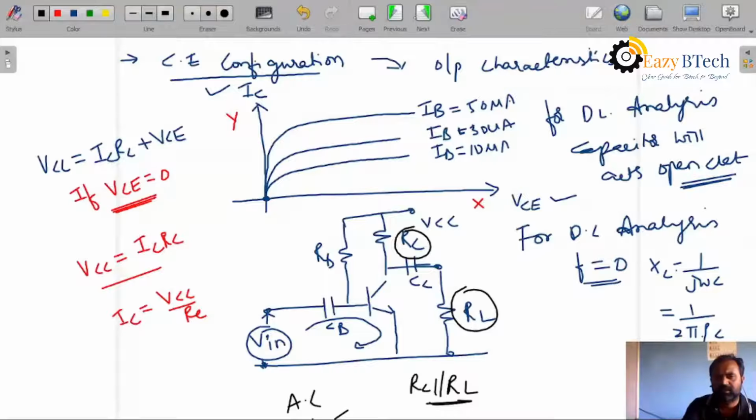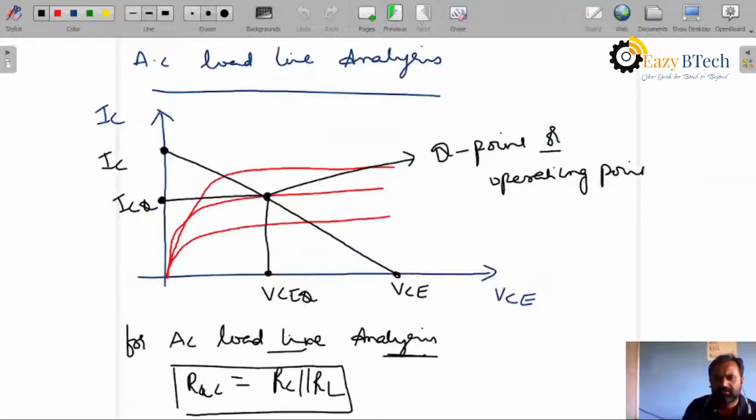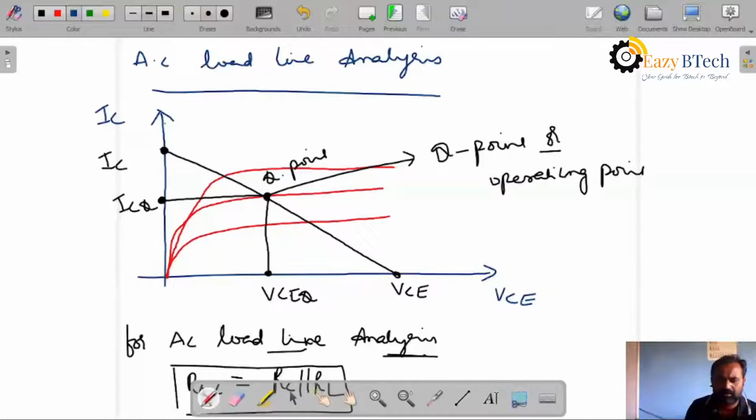Now we can draw the load line analysis. We can draw the load line passing through the Q point. We may draw in this manner, this point and this point.